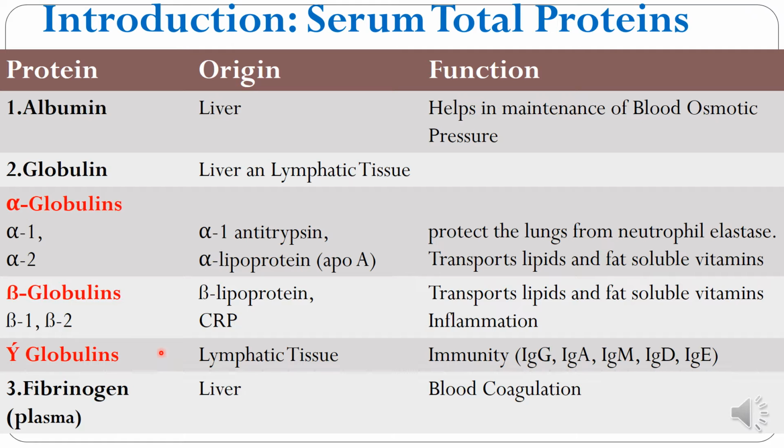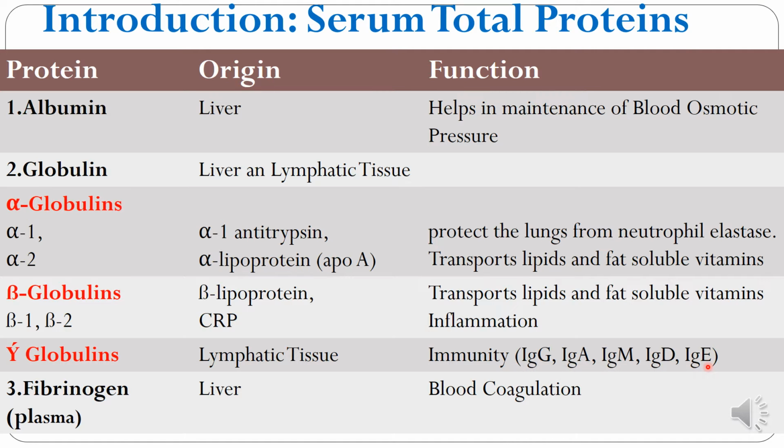The gamma globulins, which are synthesized in the lymphatic tissue, the only fraction that is not synthesized in the liver, comprise five types of antibodies known as immunoglobulins G, A, M, D, and E.